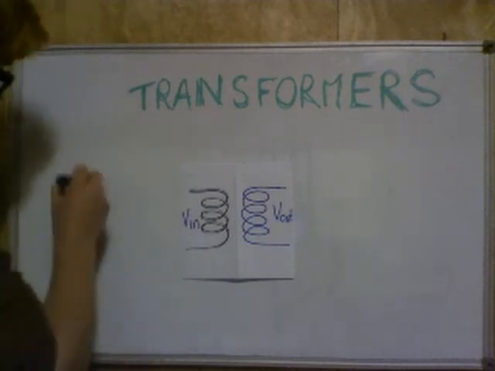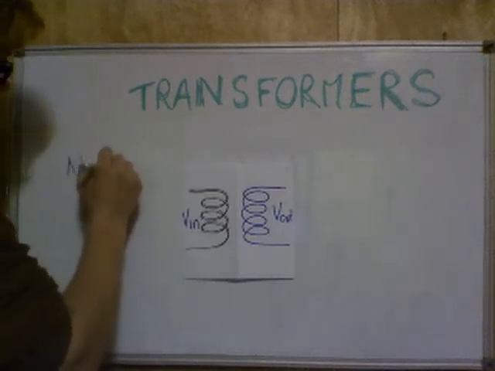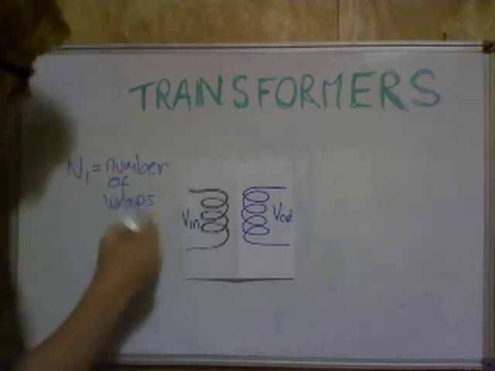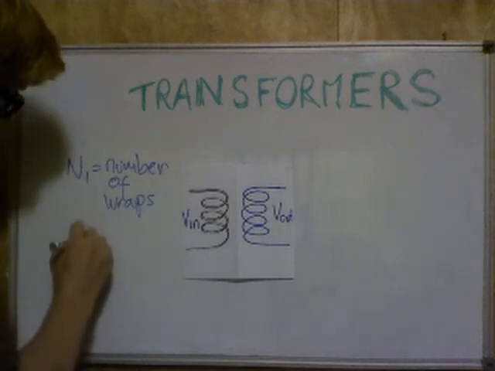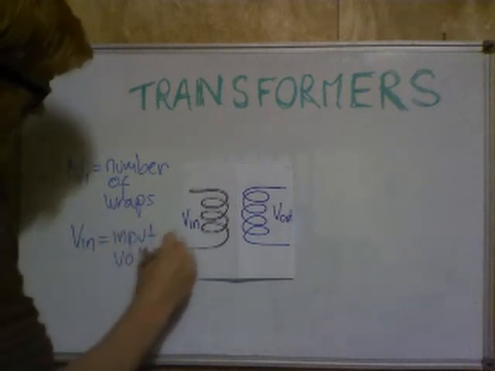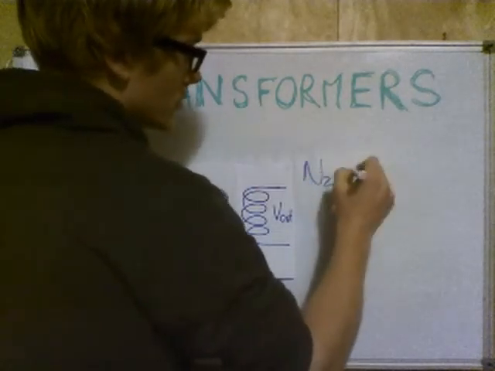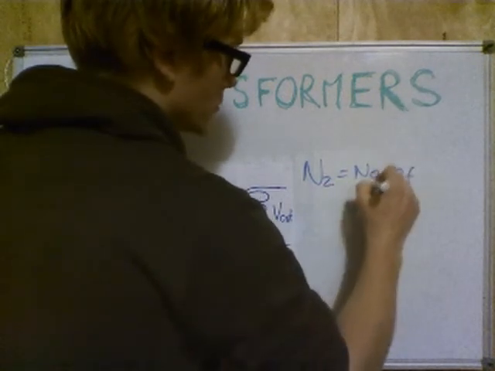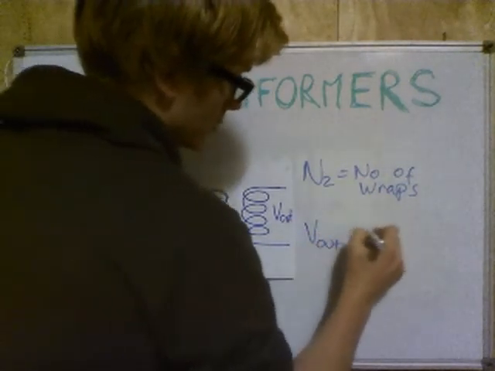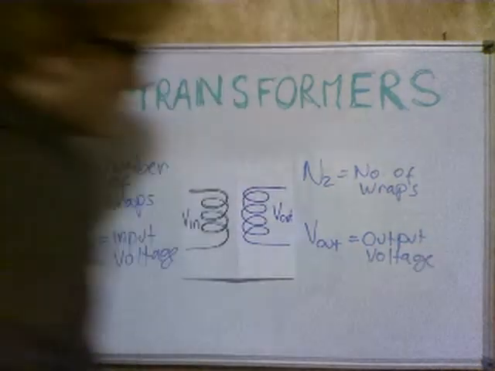So if we have on this side a certain number of wraps, N1 equals number of wraps, and we have an input voltage of V in, then on this side we have another number of wraps, I'll call that N2, and we have an output voltage, V out.